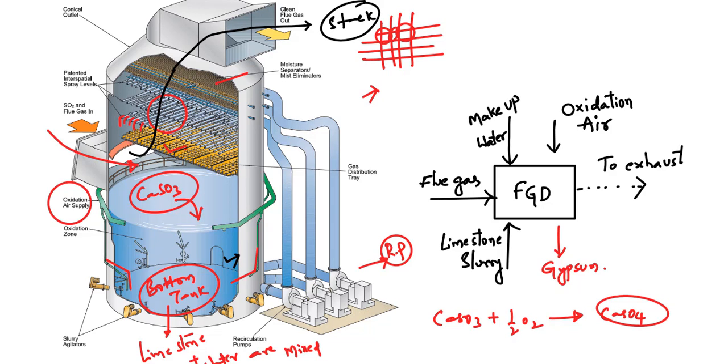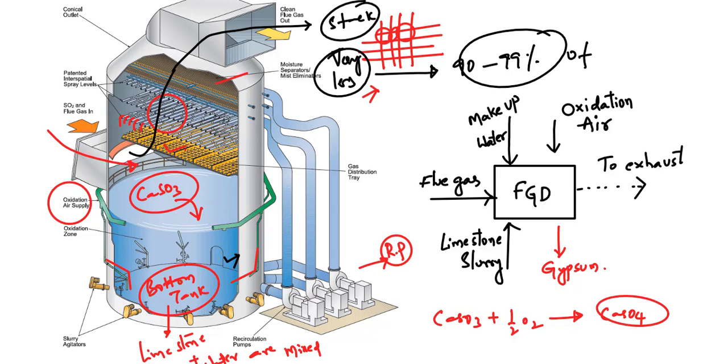The flue gas that we obtained is a clean one, that is, the concentration of SOx compounds will be very less. By this method, we can reduce 90 to 99% of SOx compounds.